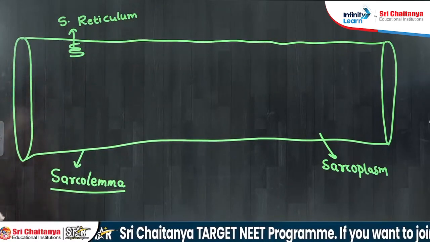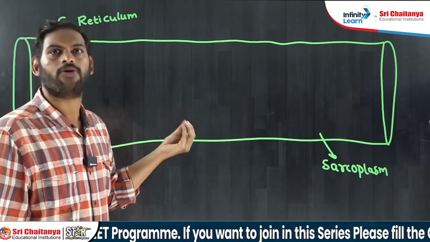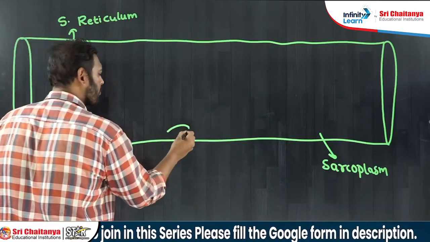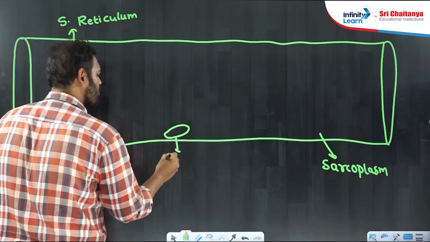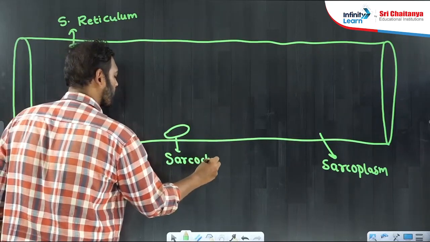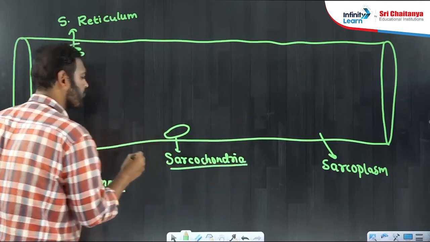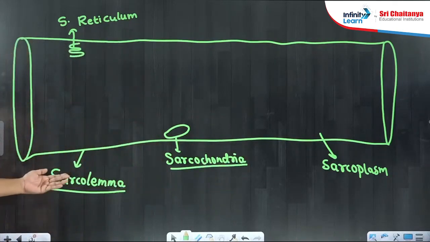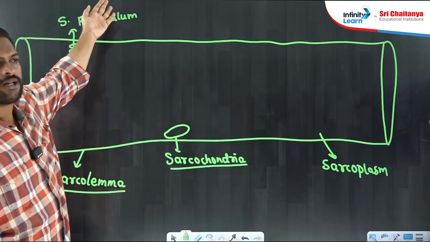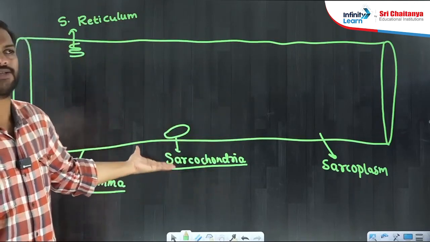And the muscle cell consists of numerous mitochondria, and these mitochondria could be referred to as sarcochondria. Some books say this. So: sarcolemma, sarcoplasm, sarcoplasmic reticulum, and sarcochondria. Names given to cell structures.